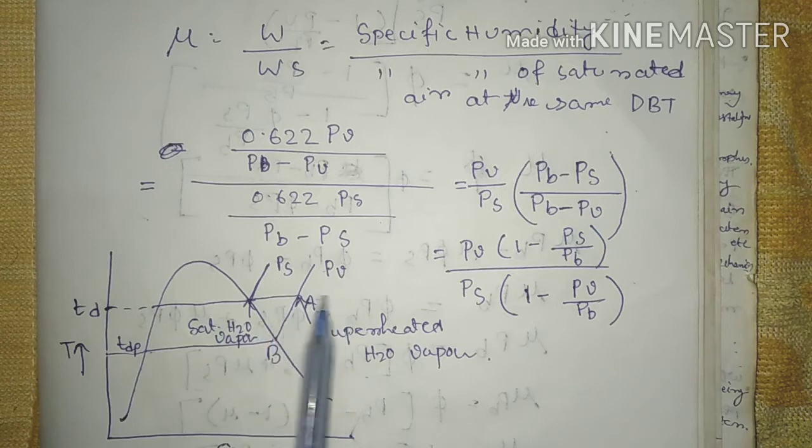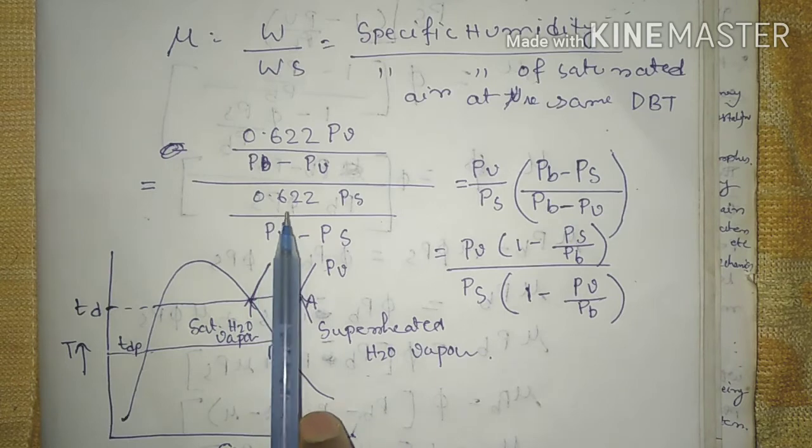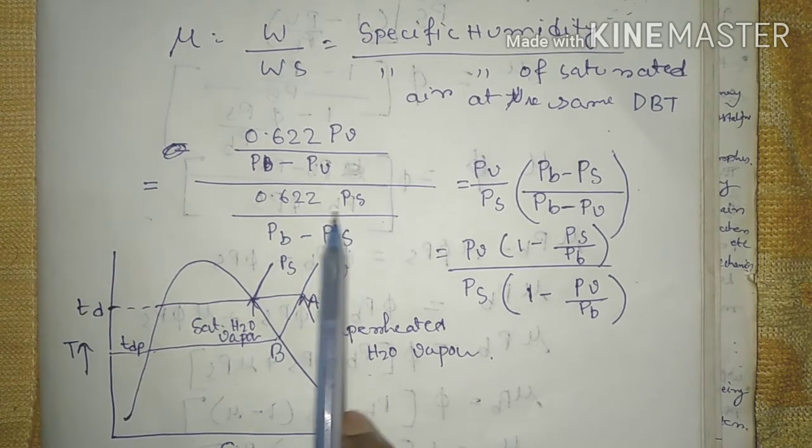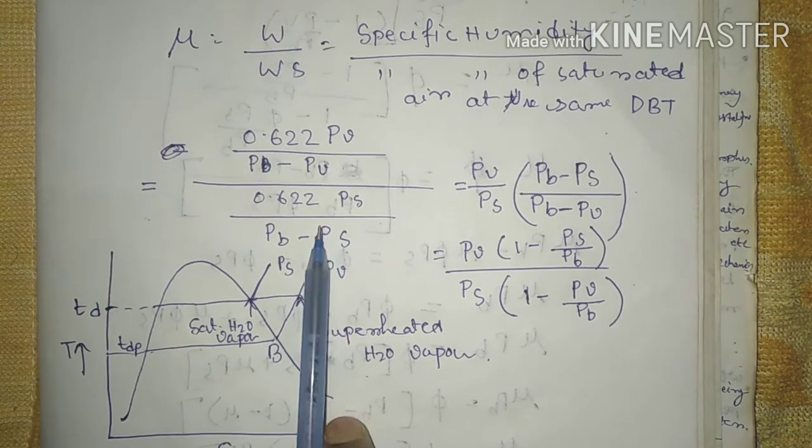So when PV reaches PS, the expression for Ws will be 0.622 into PS divided by PB minus PS, because when you define Ws, it is in terms of PS.